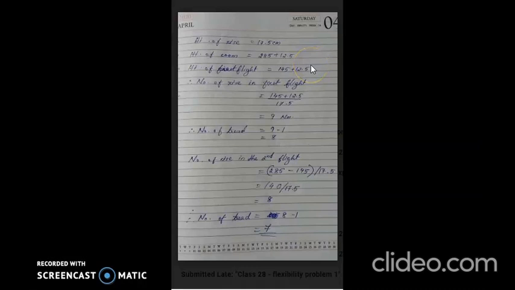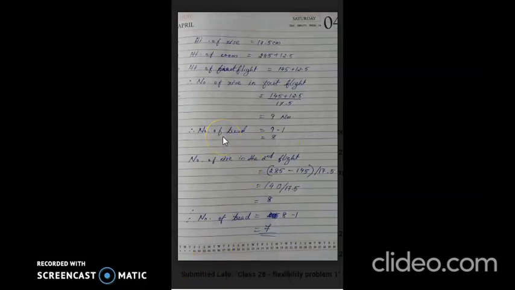So we can find the number of rise in the first flight, which is the height of first flight, 145 plus 12.5, divided by the height of one rise, which is 17.5. I get 9 as the number of rise.